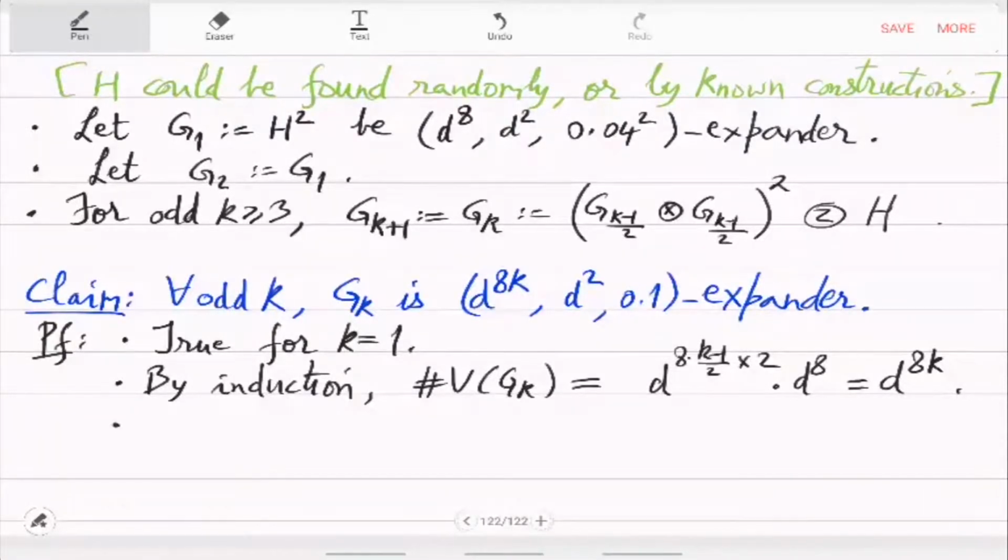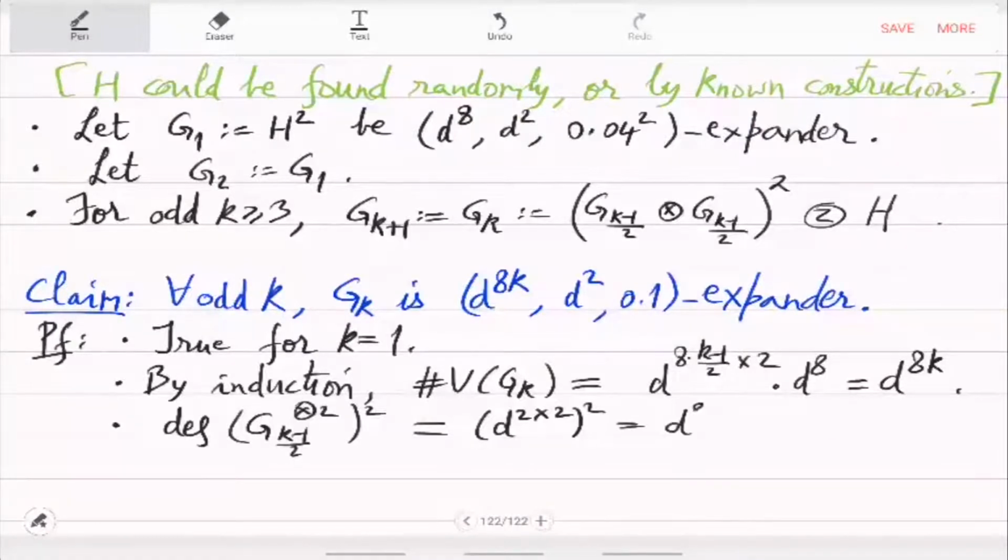This is as promised. What is the degree now? So the degree of this part, the tensor square and then the square. Let's start with the degree of G of (k minus 1) by 2. By induction, it is d square, then the tensor product will make it square again, and the path product will make it another square, so that will become d raised to 8.